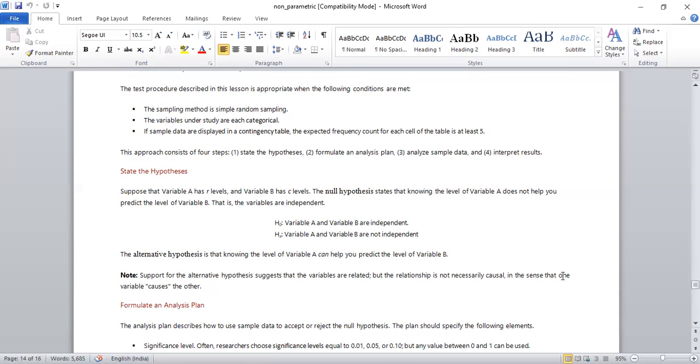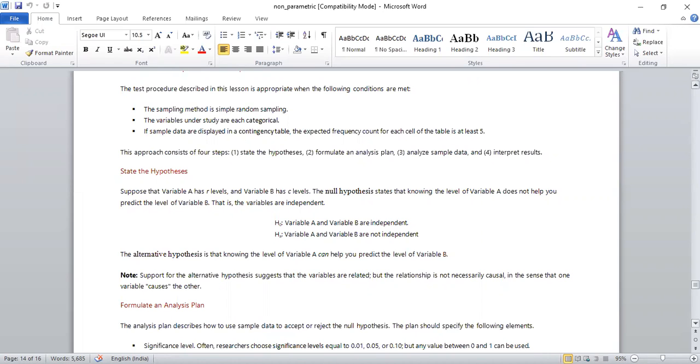Causal means that one variable causes the other, but that may not always be the case. A relationship may exist between two variables, but it may not be due to any cause-and-effect. That is, the relationship is not necessarily causal.